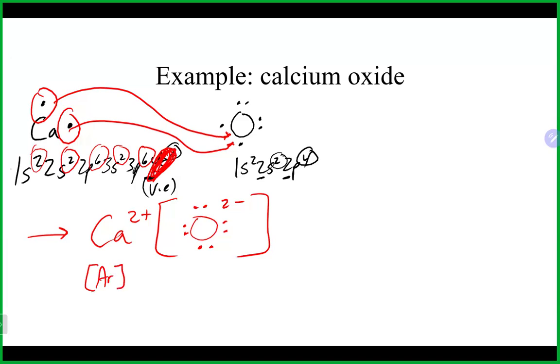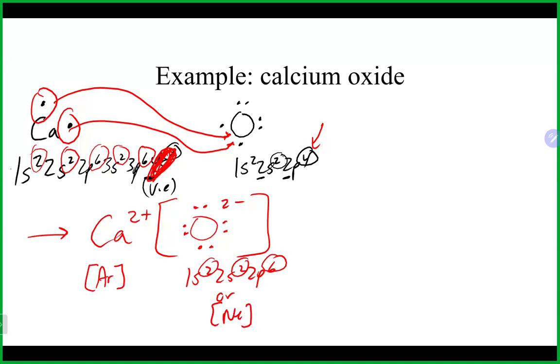So it just became the same electron configuration as argon by losing those 2 electrons. That's good because the oxygen actually has space for those 2 electrons right there. And it will then fill in with 1s2, 2s2, 2p6. If we count the electrons, 2, 4, 10, that is neon's configuration.